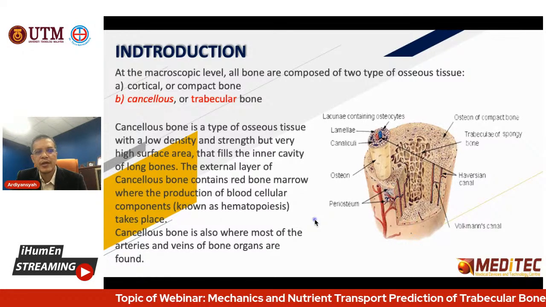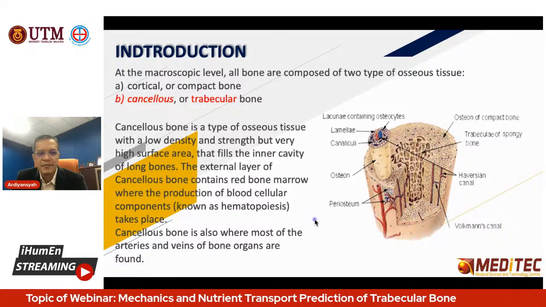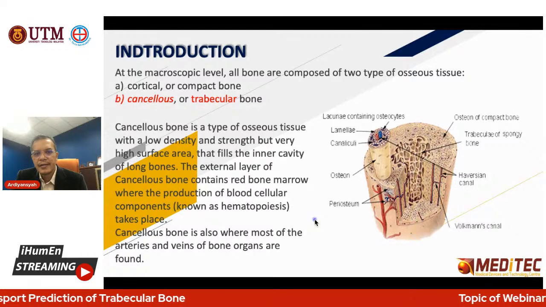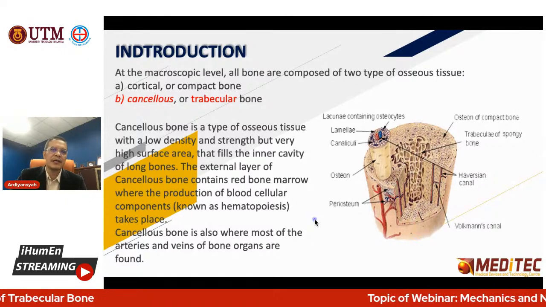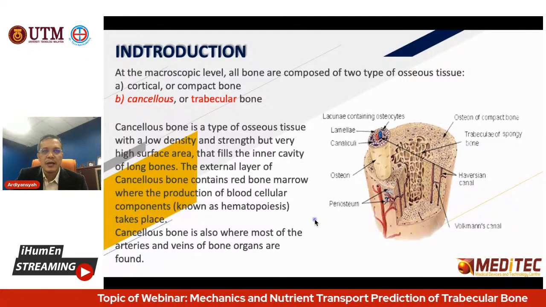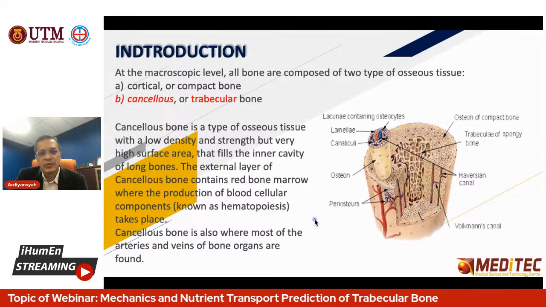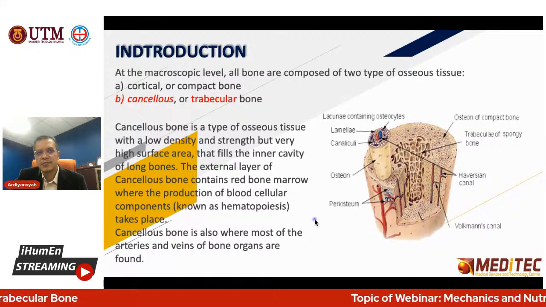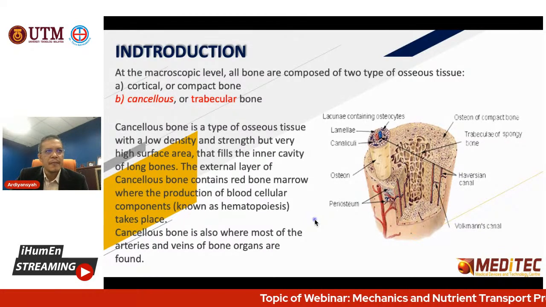Cancellous bone is also where most of the arteries and veins of the bone organs are found. Another function is load bearing. They can support up to 70% of the load. So if you give a load, 75% is taken by cancellous bone as an absorber.